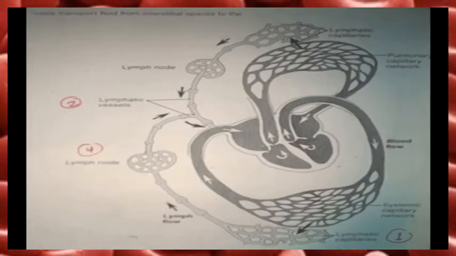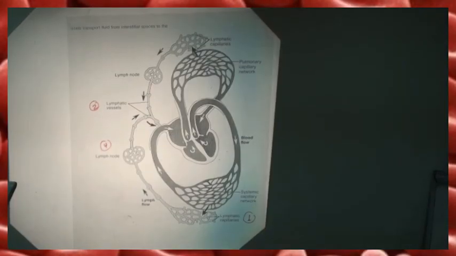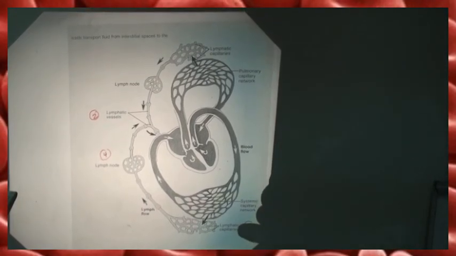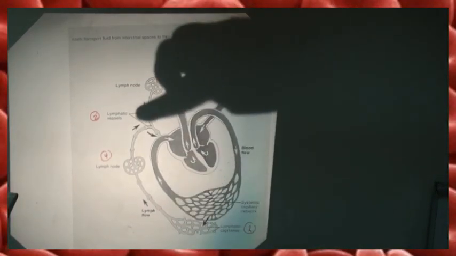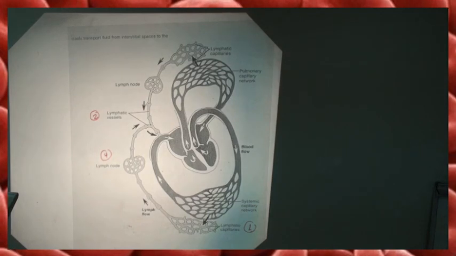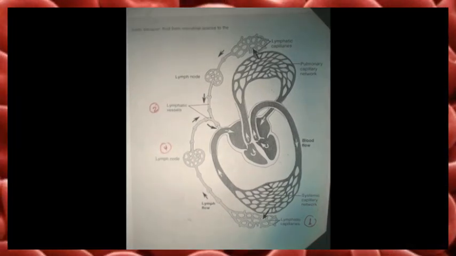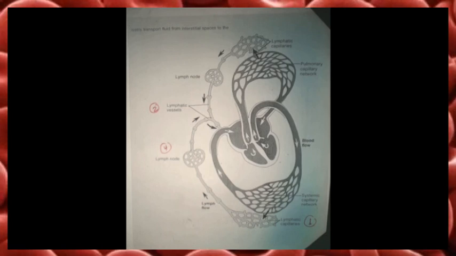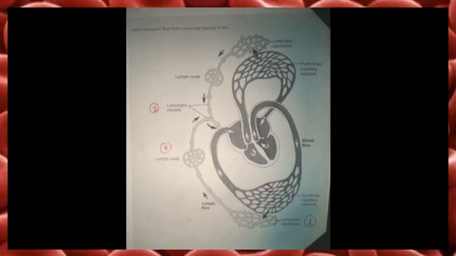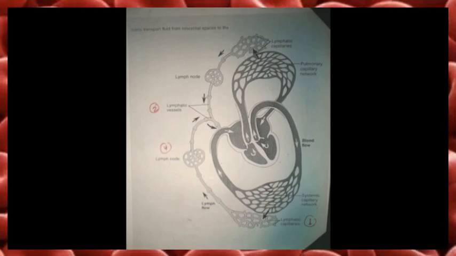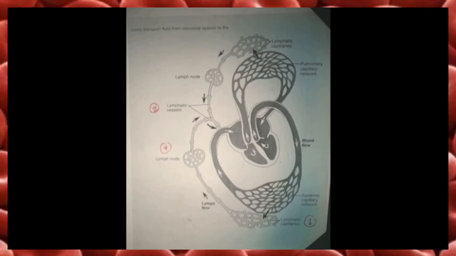The lymphatic system consists of lymphatic capillaries, lymphatic vessels, lymphatic nodes, as well as lymphatic ducts. These are the components of the lymphatic system.